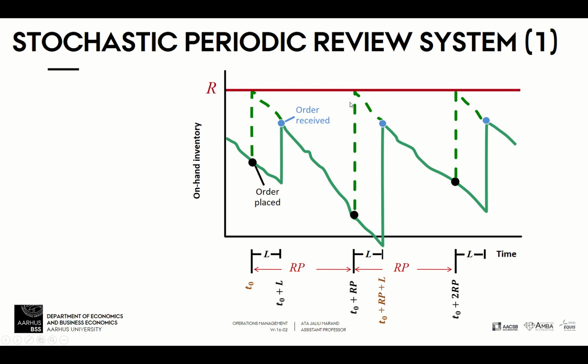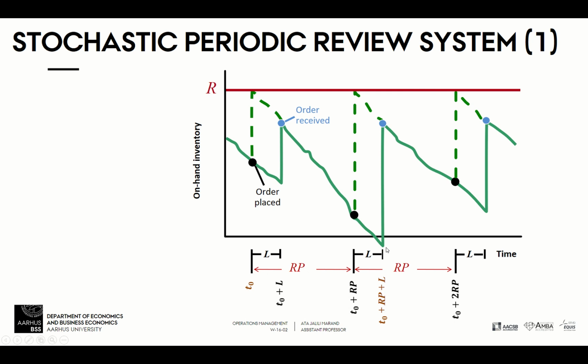Here again the inventory level is less than R, so we will make an order to increase it to level R. Inventory position increases to level R, but we will receive the inventory after L units of time, so it is only after L units of time that the inventory level will increase, and the increase will be equal to the size of the order that we have already made. Time goes by and the same story will repeat again.